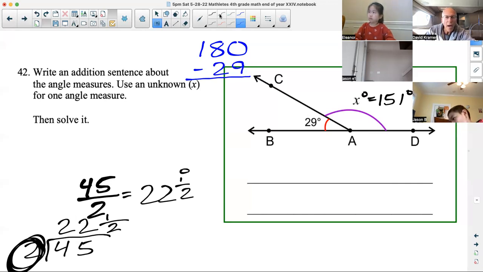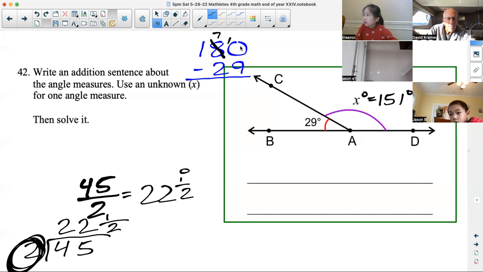So everybody, is 0 big enough to subtract 9? No. So we make it a 10, and we take away the 1 from the 8, making it a 7.